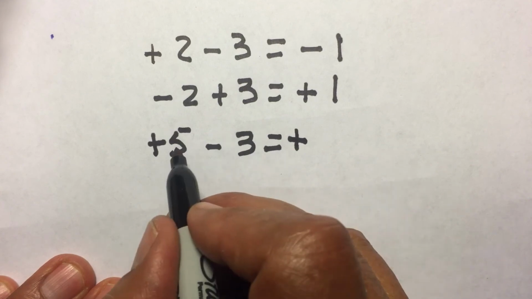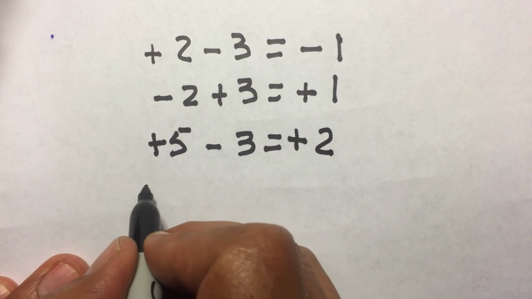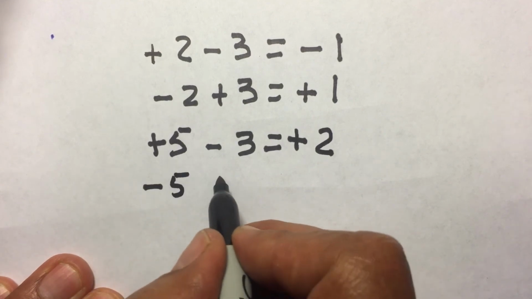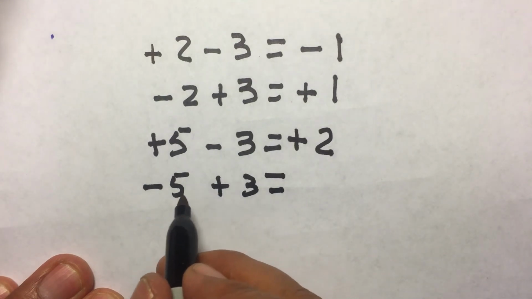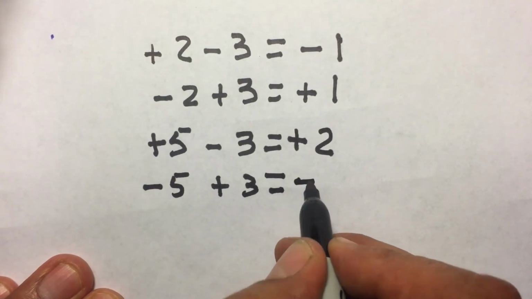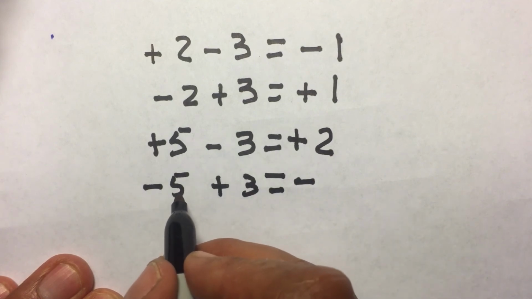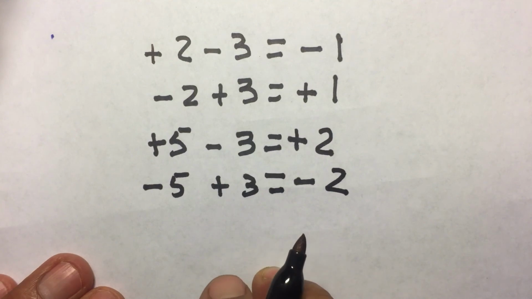And we subtract the numbers. 5 minus 3 is 2. When we have minus 5 plus 3, we use the sign of the larger number, minus. So minus comes here, and we subtract the numbers. 5 minus 3 is 2. Thank you.